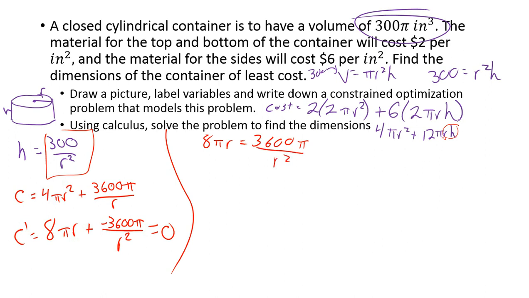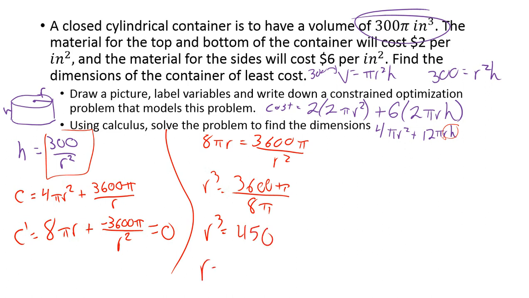Multiply it onto the other side. Again, we're trying to solve for r. So we get r cubed is equal to 3600 pi all over 8 pi, which reduces down to r cubed is equal to 450.